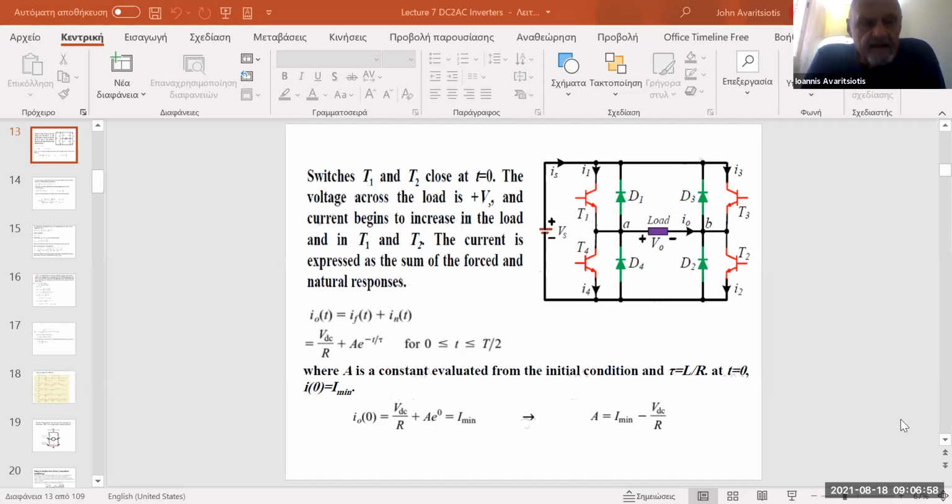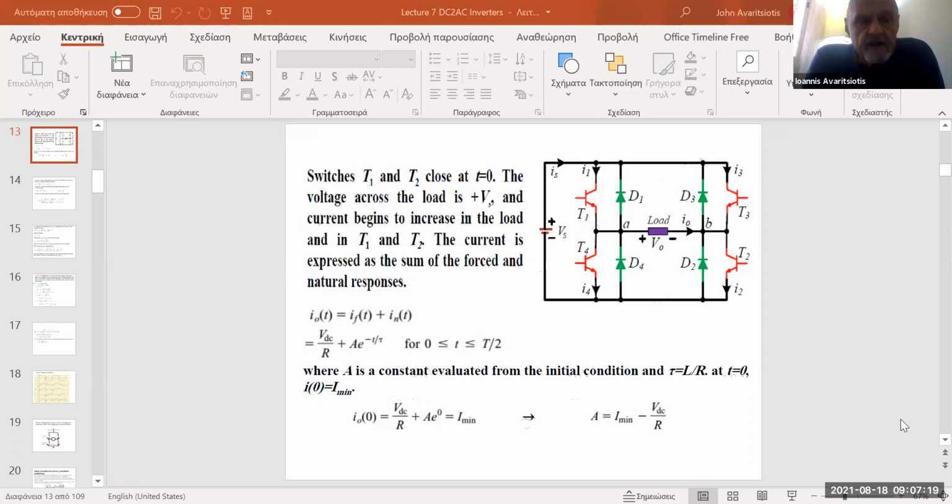You divide it by the resistance of the resistive element of the load, so this is how you can find this part of the current which is due to the forced response. And now let's come to the natural response.